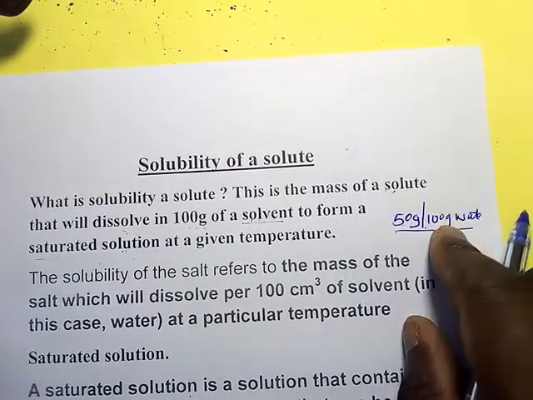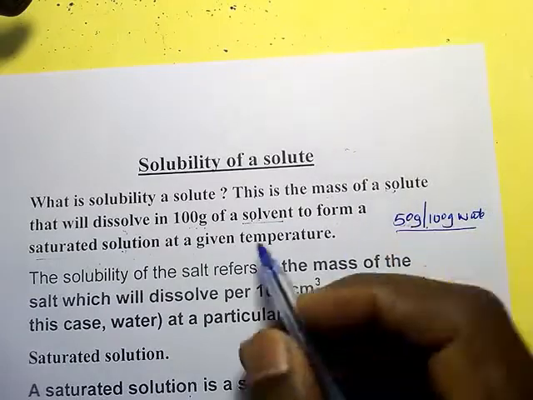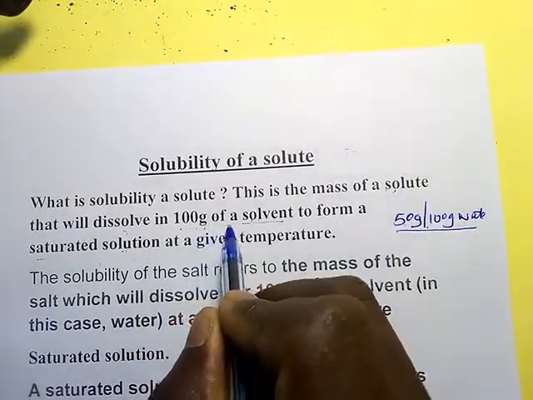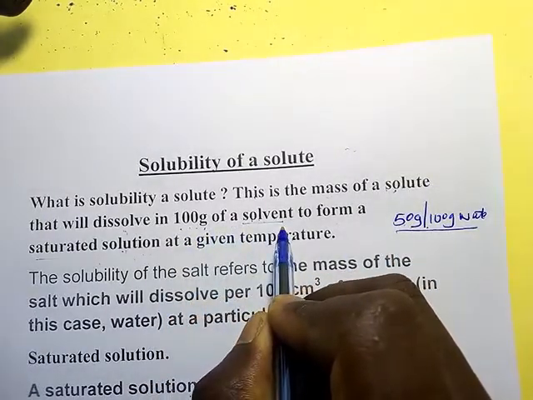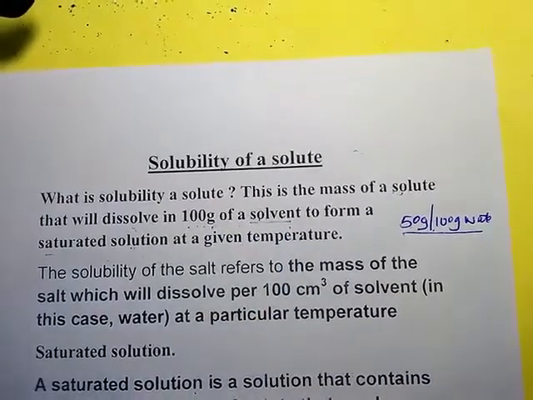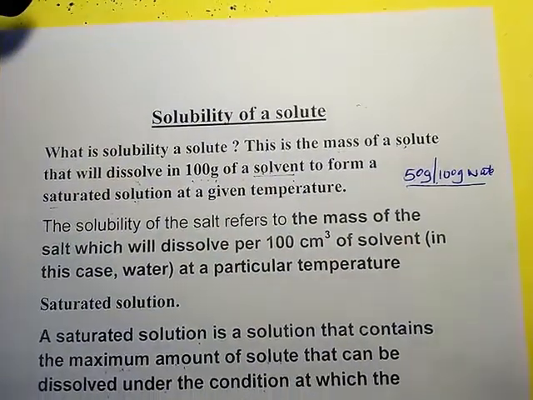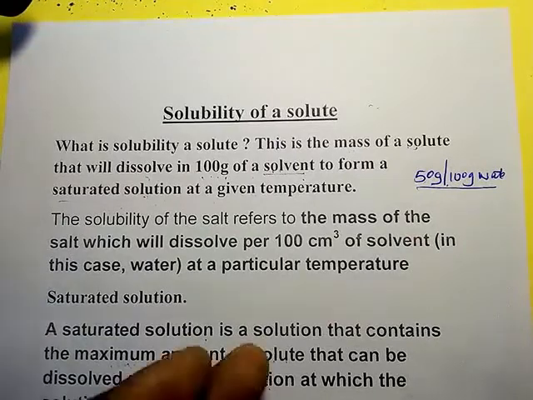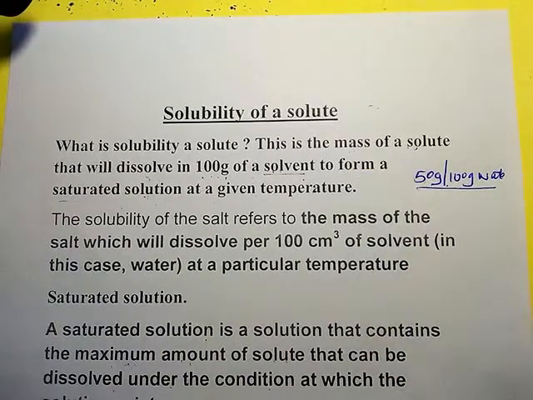The solubility exists in 100 grams of a solvent. So I will take you straight to examples, because when we do examples, you will be able to understand more than the theory I'm talking about.